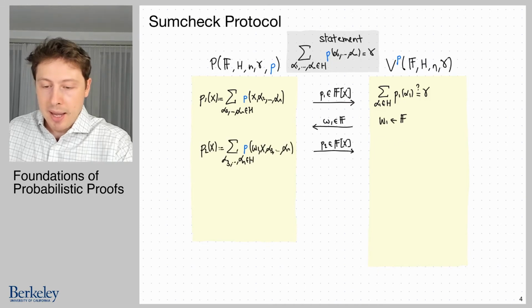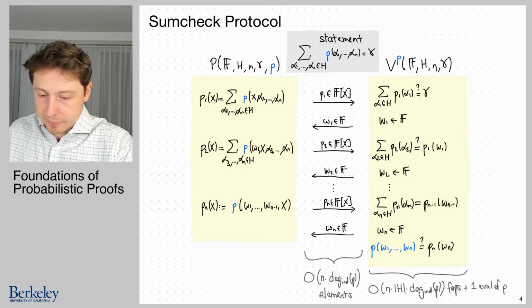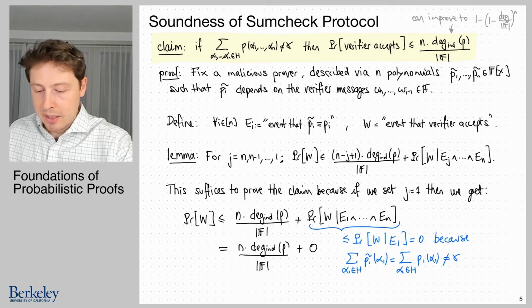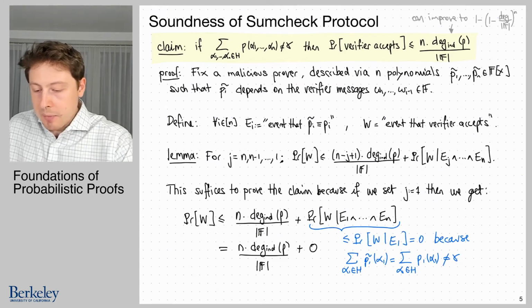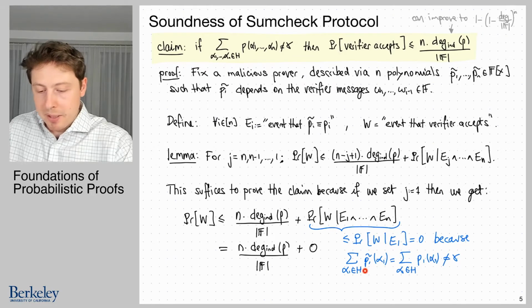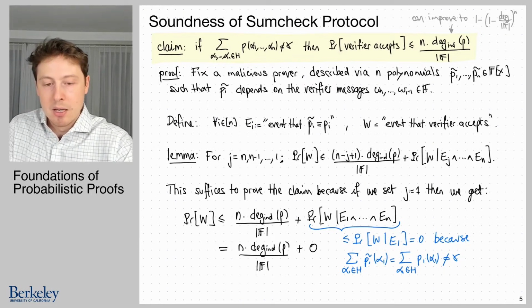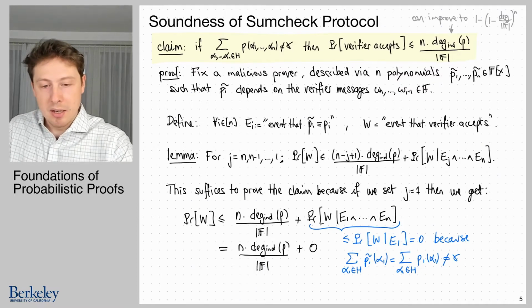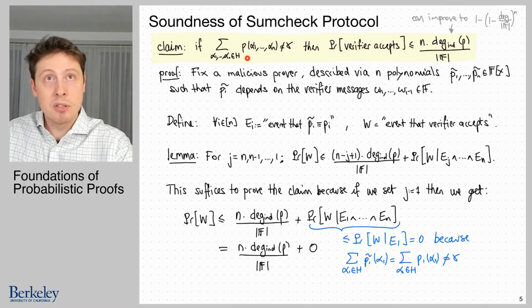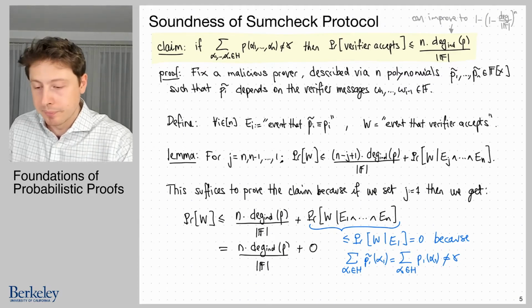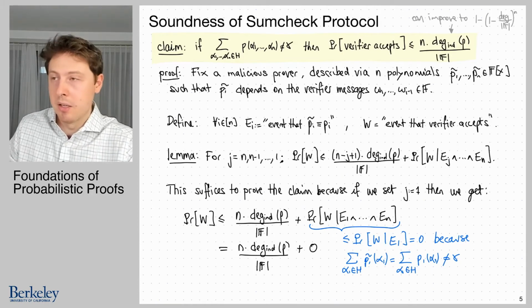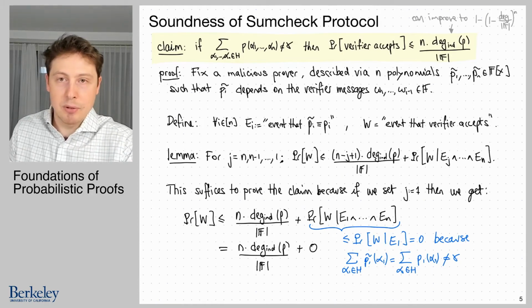And if the malicious prover did act honestly in the first round, that means he really sent me P1. His P1 tilde really is P1. But remember, the sum of P1 is not gamma because that's our assumption. And P1, by definition, is P summing variables 2 through n. So we haven't yet had to deal with randomness. We're basically discussing really lousy provers.